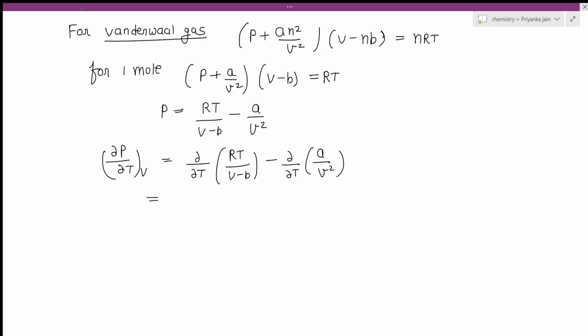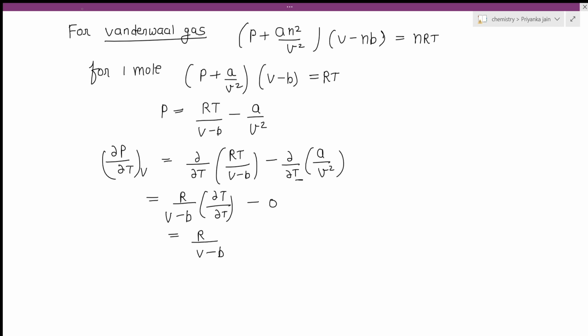Now see here, V is constant, R is constant and b is also constant. So what we are getting is R/(V minus b) times ∂T/∂T, and this value will be equal to 1. And secondly, this whole term is constant and there is no T term, so this will be equal to 0. So our value is coming R/(V minus b).